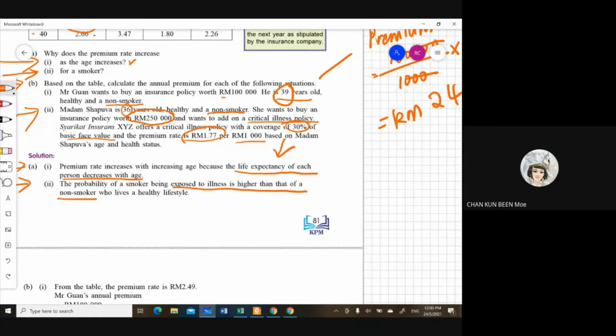So there are two things that you need to pay right now, which are the basic premium and the additional critical illness premium. I highlight it for you over here. For the basic premium, it's easy.